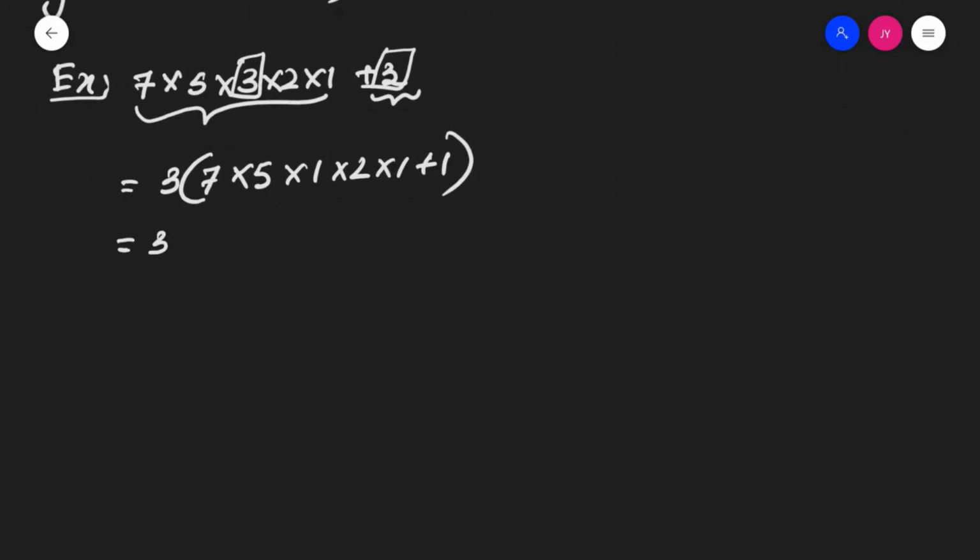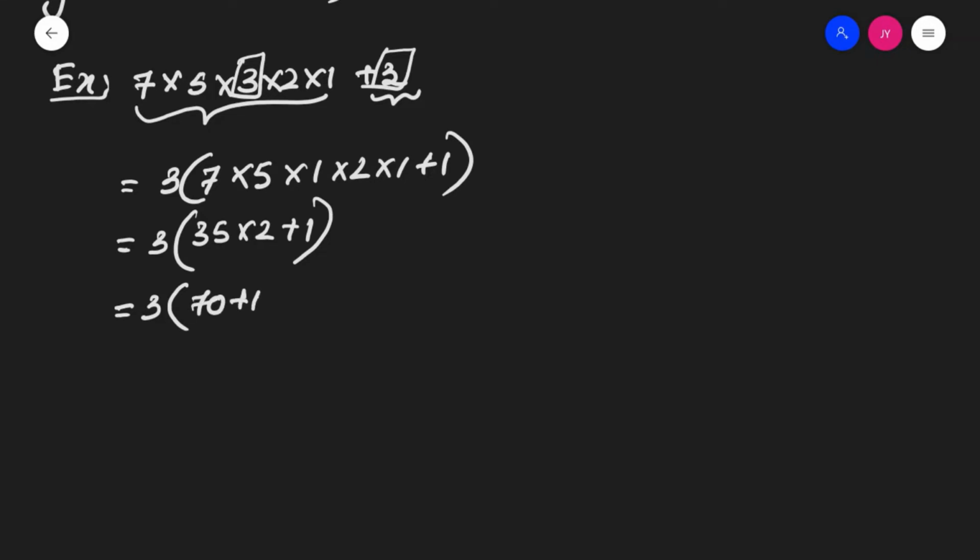So again 3 into, what is 7 into 5? 7 into 5 is 35. 35 into 2 plus 1. So 3 into 35 into 2. 35 into 2 is actually 70.